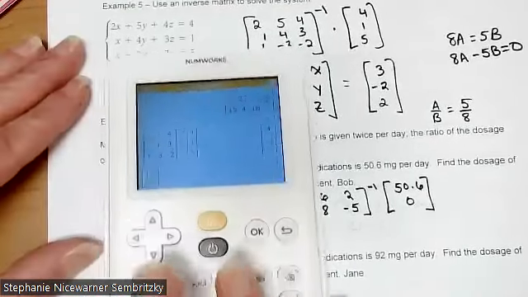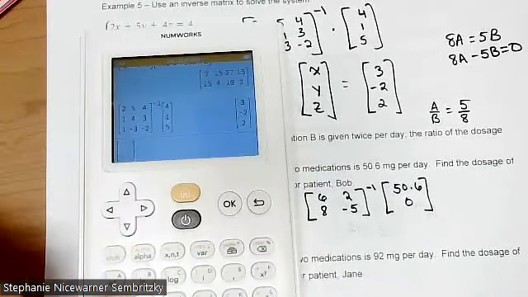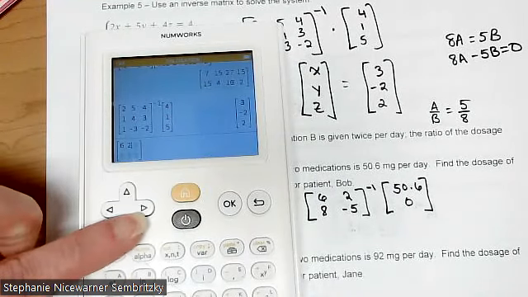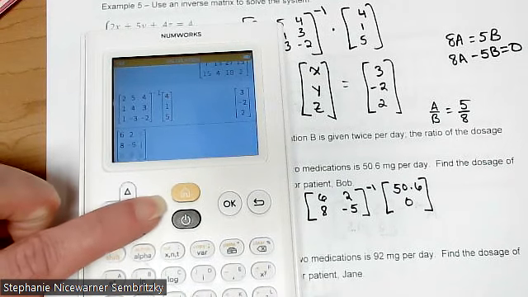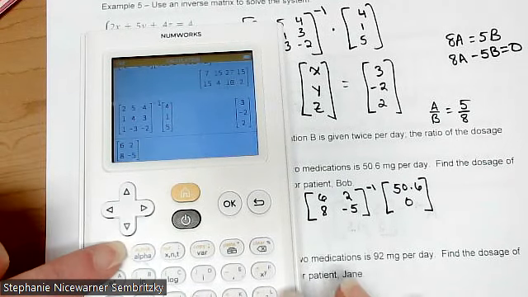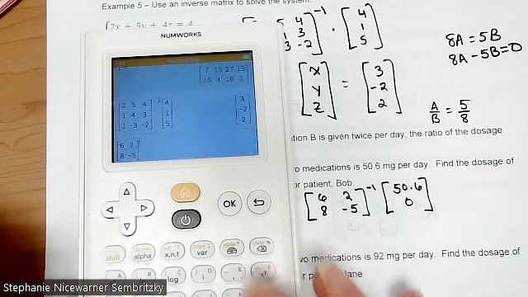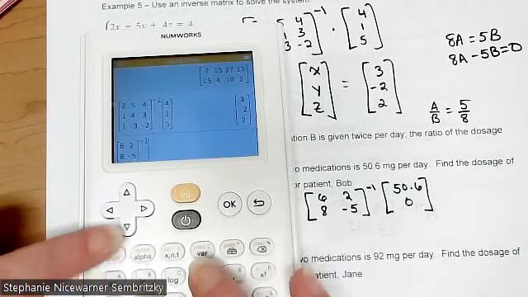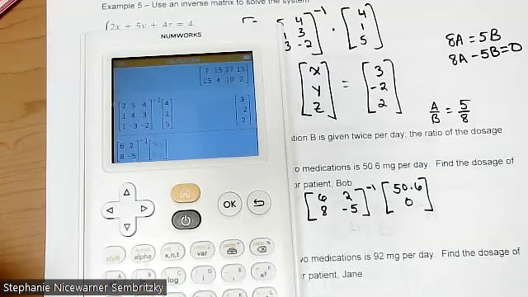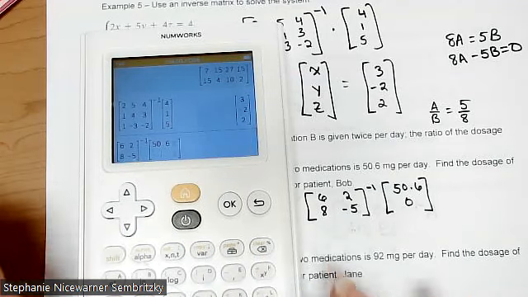So matrix 6, 2, 8, negative 5, and we're doing the inverse of that matrix, and then matrix 50.6 over 0.